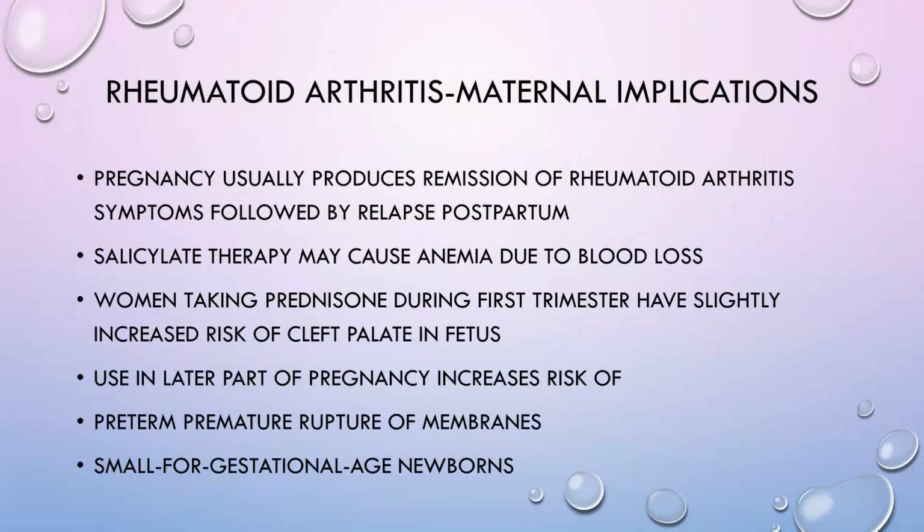Rheumatoid arthritis. Pregnancy usually produces remission of rheumatoid arthritis, and then there's usually a relapse postpartum. These women are sometimes taking steroids, such as prednisone, during the first trimester, so there is an increased risk of cleft palate in the fetus.